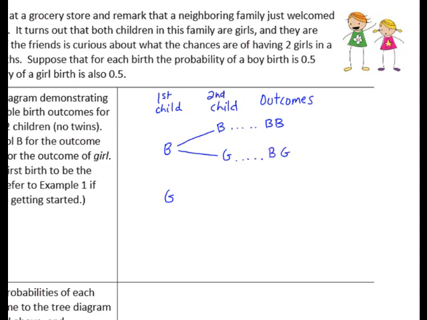And that's if your first child is a boy. If your first child is a girl, then your second child could be a boy or it could be a girl. So your outcomes when you have a girl first are girl, boy, or girl, girl. And these are the 4 possible birth outcomes.